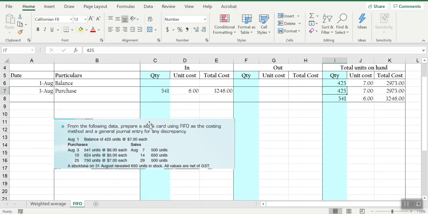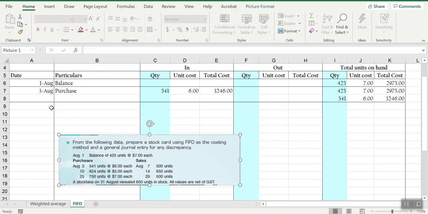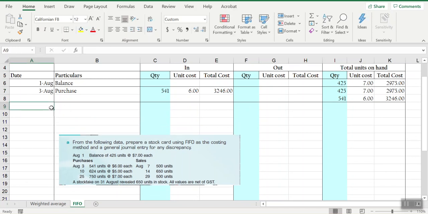Okay, the 7th of the 8th. We're going to do a sale. So next up, we're going to have going out in the sale 500 units.